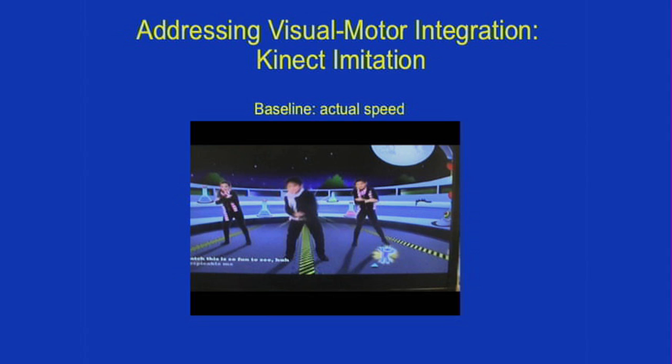Then we could do a graduated approach where we speed things up and see if we can get them to imitate better. So what we're thinking about doing now is using Kinect systems and doing a task called Just Dance. The child is supposed to imitate all these actions, and you have sensors, so you can detect how they're doing and performing the imitation.